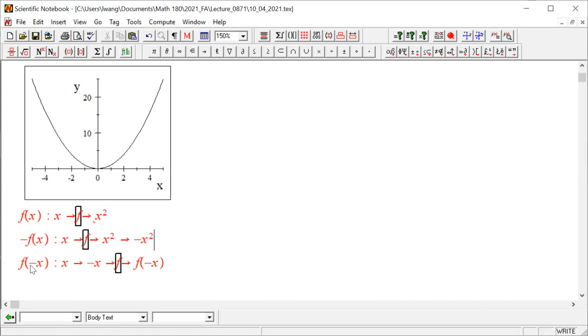Now f of negative x is that you take the input x, find the opposite of x, and then after this function, we're getting negative x to the power 2.